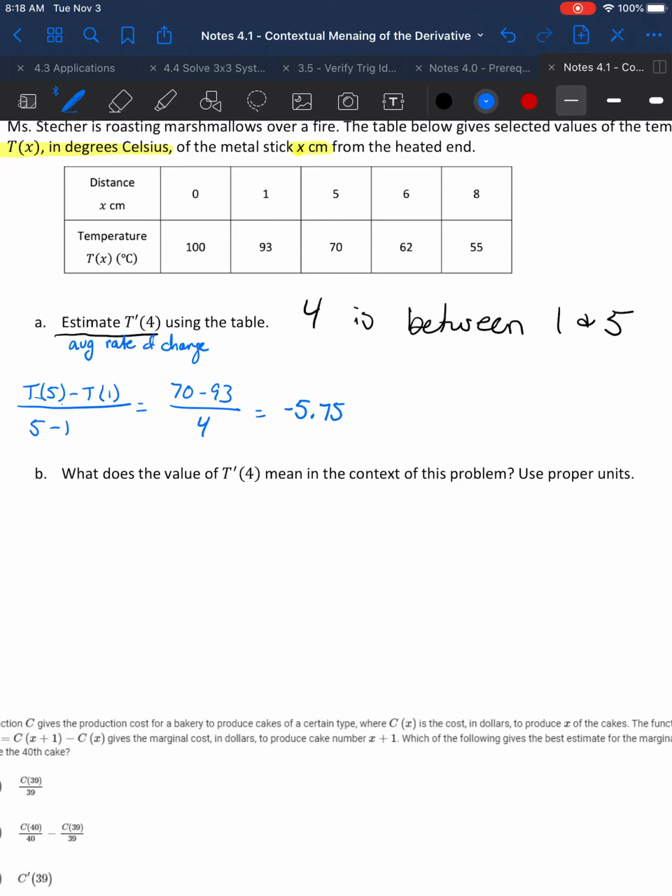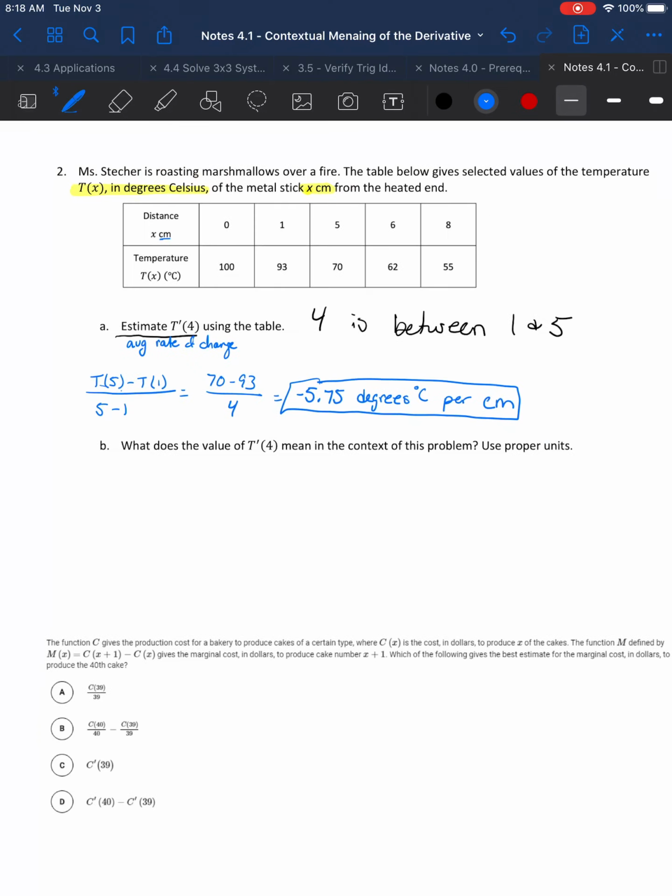So the top, T of 5 minus T of 1, that is our degrees, per, and the denominator was distance, centimeters. So there is our estimated rate of change.